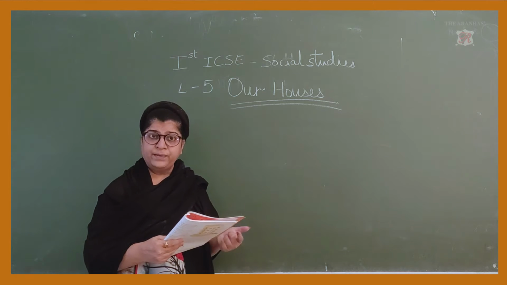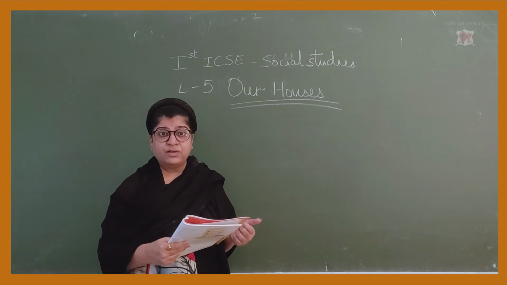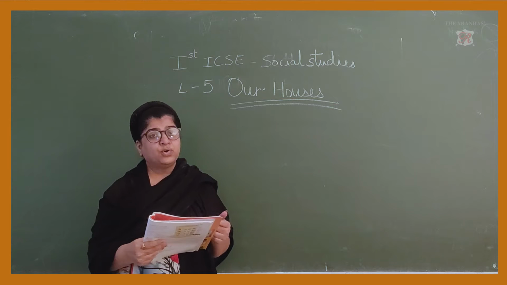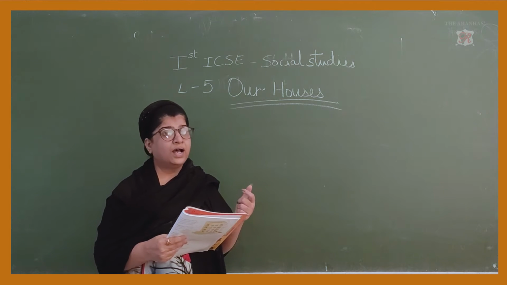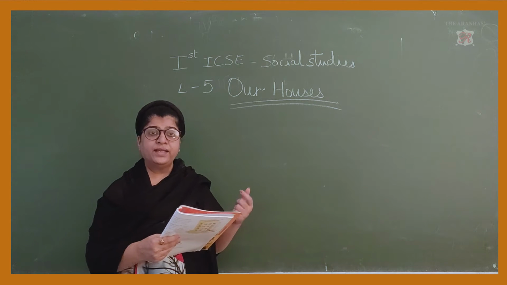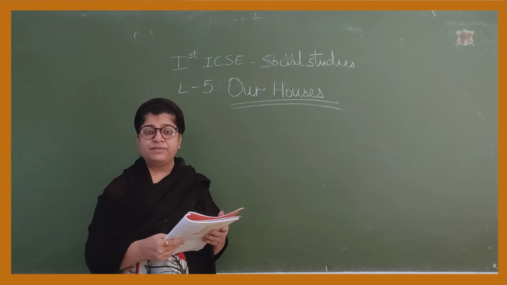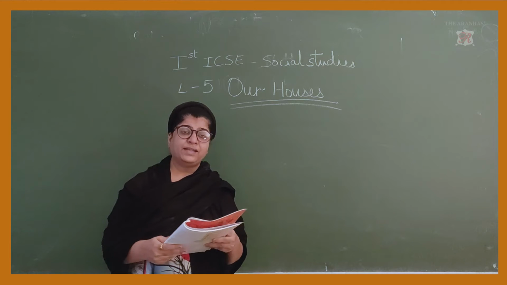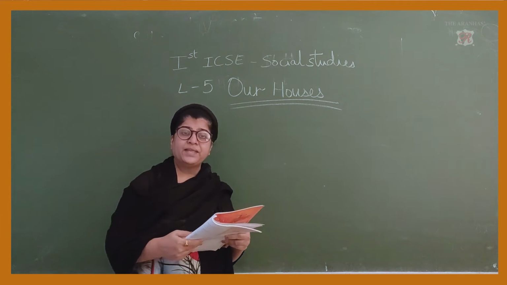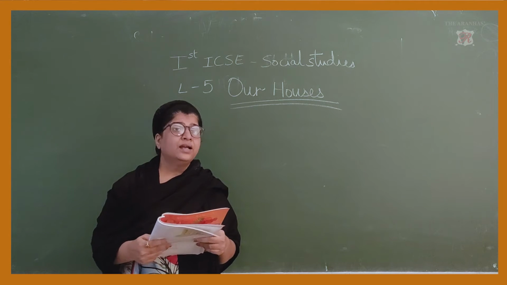In the winter days when the climate is very cold and you don't feel like going out, at that time also our house protects us. We can go inside, wrap ourselves with a blanket, and then play or read or do whatever we want. The same thing happens with the rain.